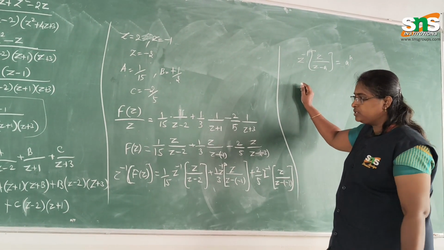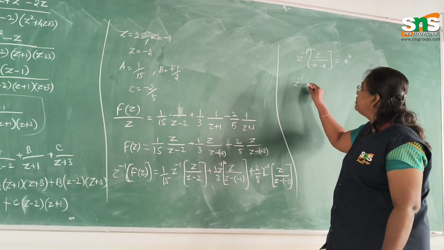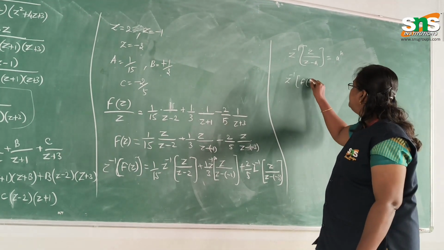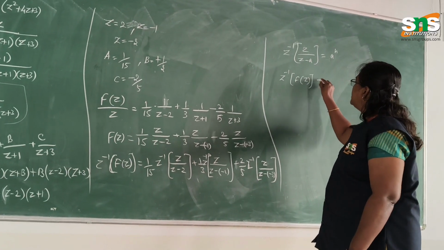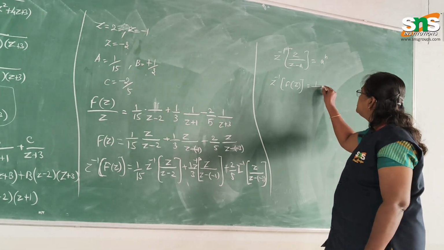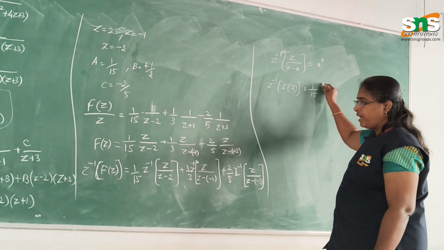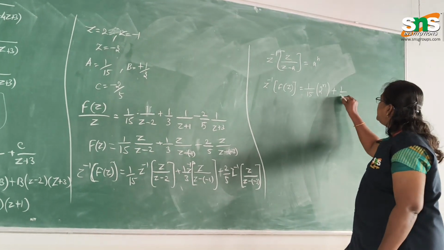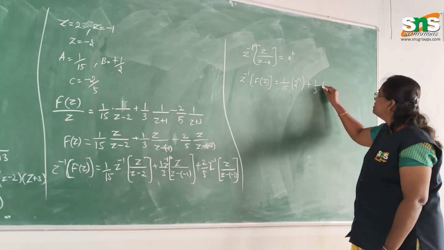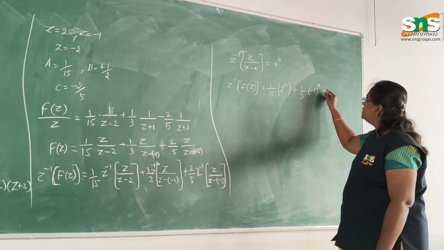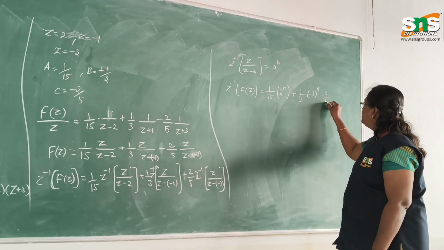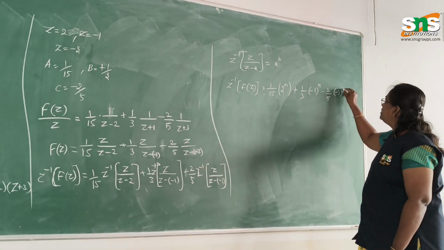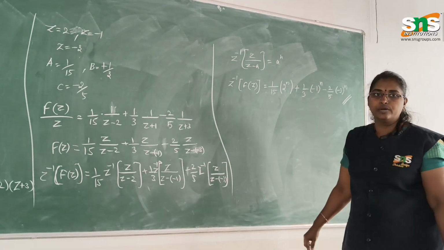So z inverse of f of z, the given sum only we are writing. The answer for the final one is 1 by 15, a value is 2 power n, plus 1 by 3 into a value is minus 1 to the power n, minus 2 by 5 into here a value is minus 3 to the power n. That's all, the answer is 4. Thank you.